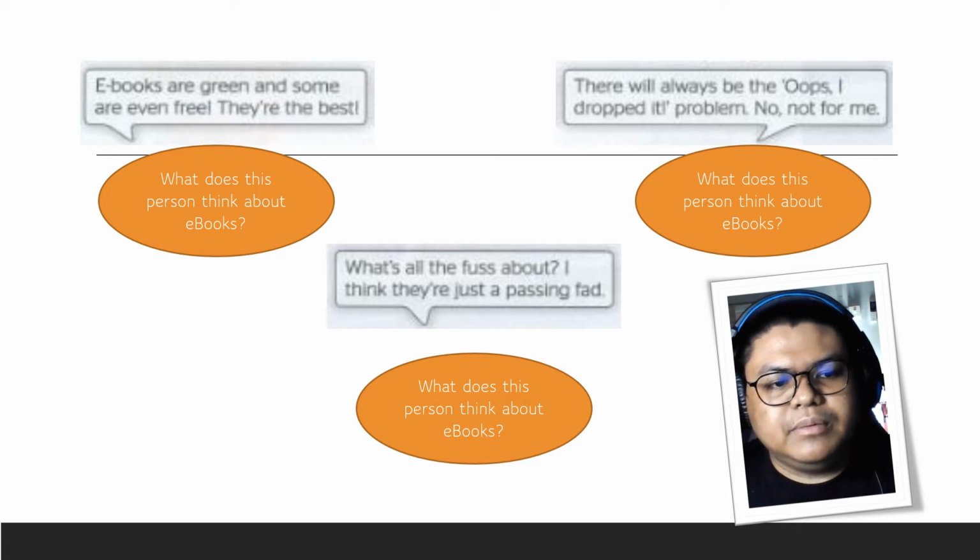Okay, and last one, what's all the fuss about? I think they are just a passing fad. Okay, so tiga-tiga ni pandangannya berbeza. Okay, so which do you think is positive, which one is negative? So take a guess. Okay, I will show you the answer in the next slide.